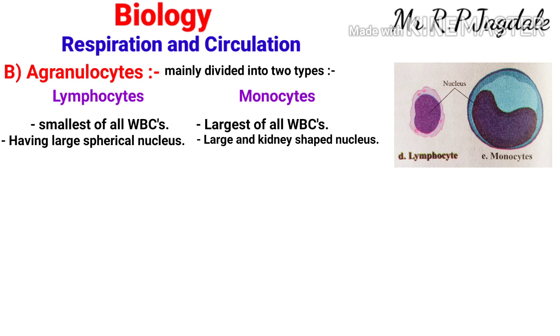So a great difference between lymphocytes and monocytes is the structure of the nucleus: in the monocytes it is kidney shaped and in the lymphocytes it is spherical. Lymphocytes constitute about 25 to 30% of total WBCs and the monocytes are about 3 to 5%. This is a third difference between them.